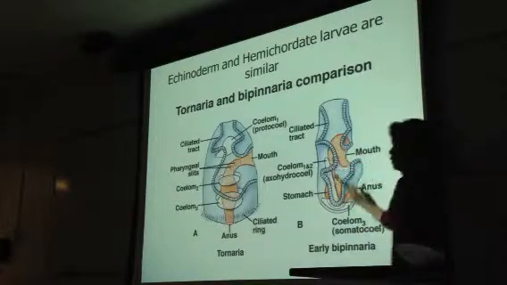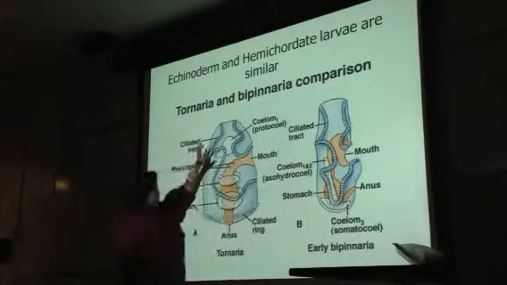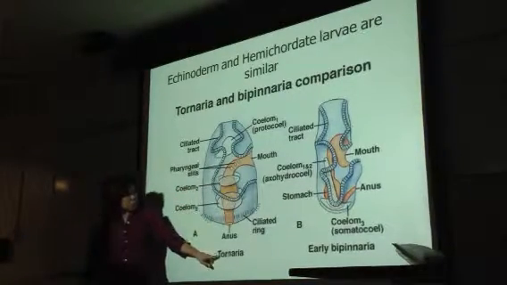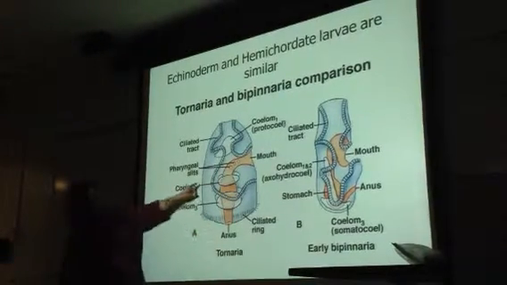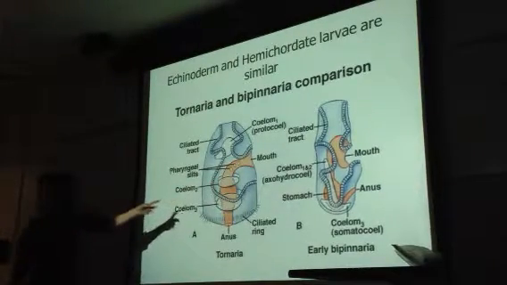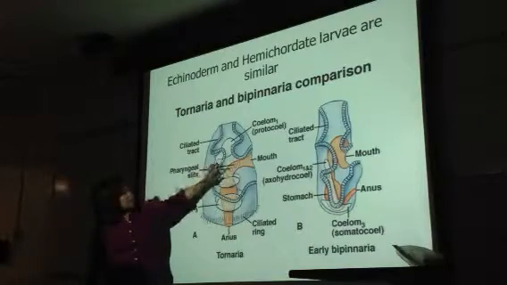in putting this up. I want you to take a look at this other type of larva over here called a tornaria larval stage. They look pretty similar, don't they? They have kind of similar features.